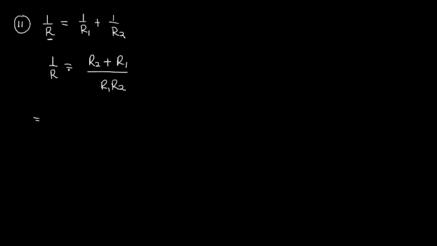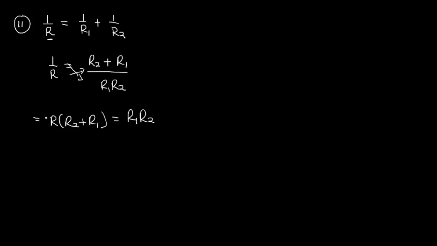So from here, what we can do is flip this and flip this to get our answer straight, or we cross multiply over here. So this r will multiply what is at the top, 1 will multiply what is at the bottom here. So we have r into bracket r2 plus r1 is equal to 1 multiplied by r1 r2.